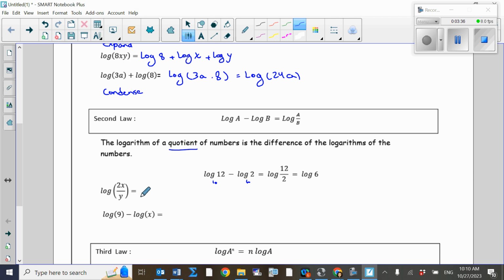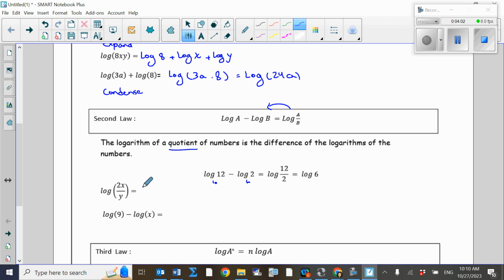So we're going to do this example. Log of 2x over y. We want to expand this one. For expansion, basically, we're going from the right side of this law to the left side. Since there is a division here, a fraction, I can rewrite this as 2 logs subtracted from each other.